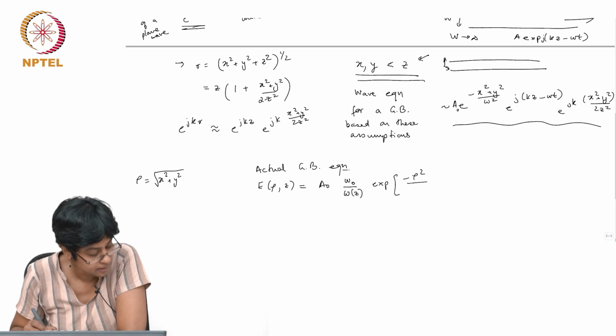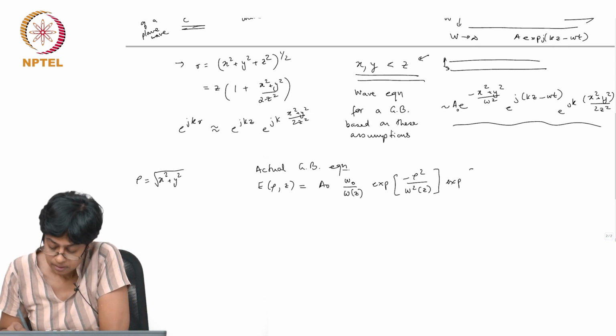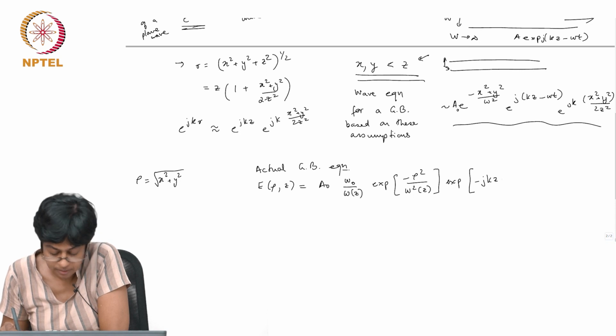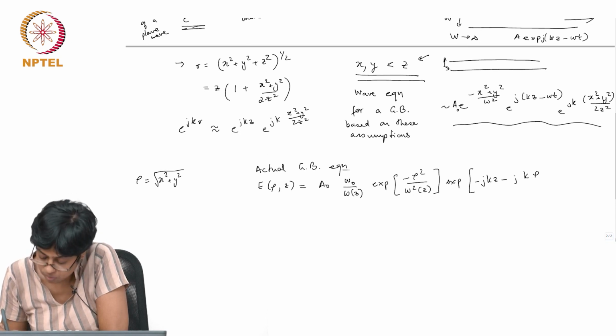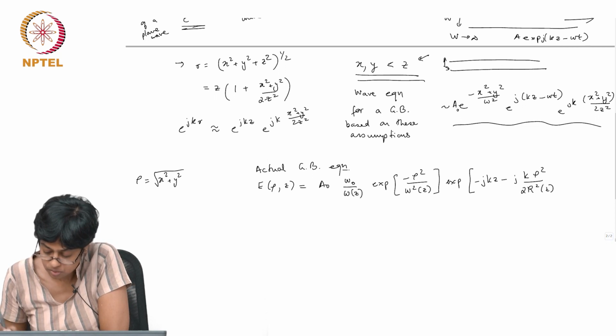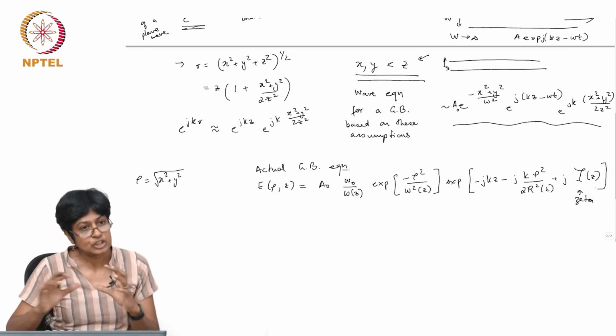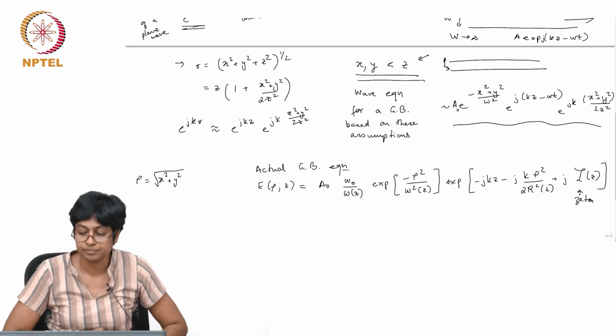Exponential of minus rho squared by omega squared of z, times exponential of minus jkz minus jk rho squared by 2 capital R of z, plus j zeta of z. Okay, I'm not drawing that very well. This is the actual expression for a Gaussian beam.